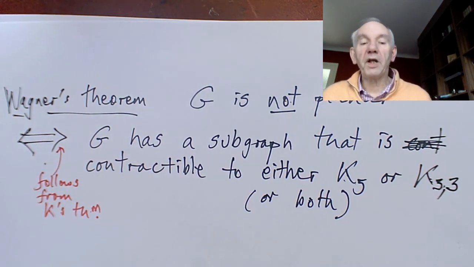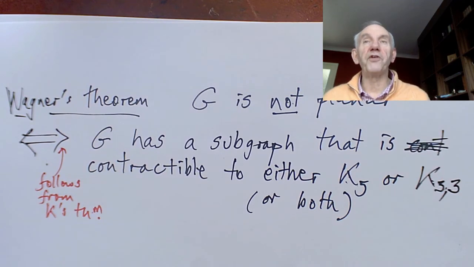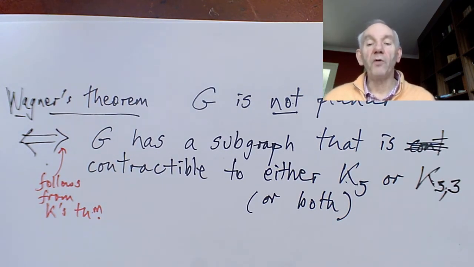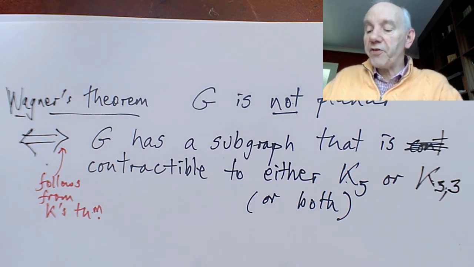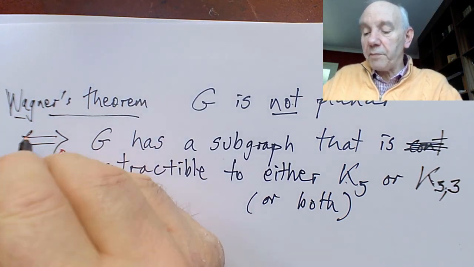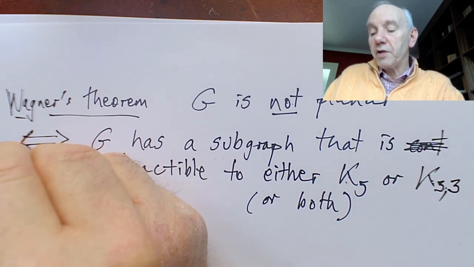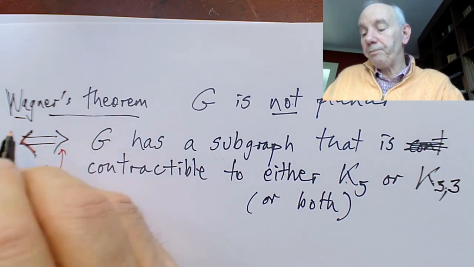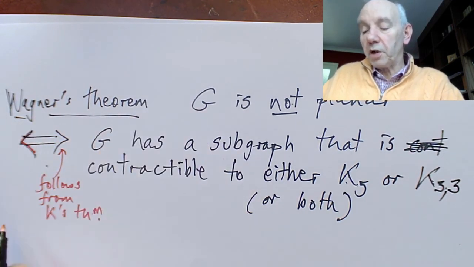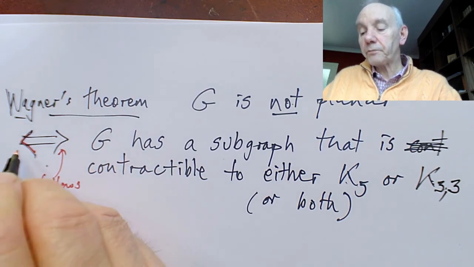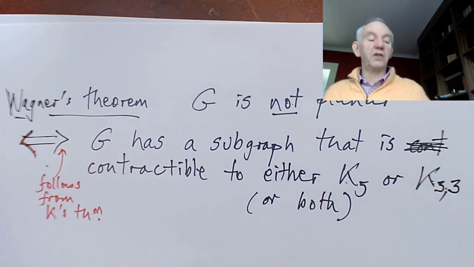Because if G is not planar, it has a subgraph that is homeomorphic to K5 or K33, and it follows that that can be contracted to one or the other. But this backwards implication is not so easy to prove. So I just leave it like that.